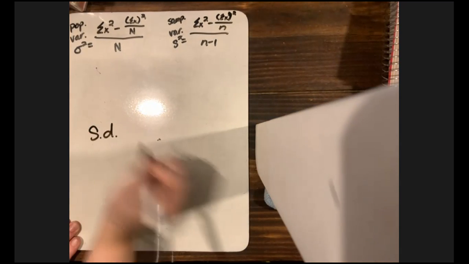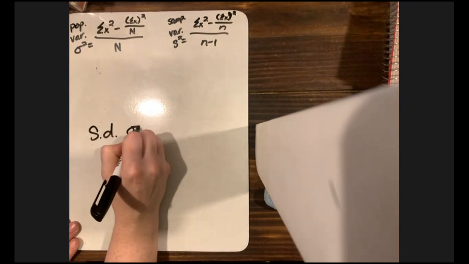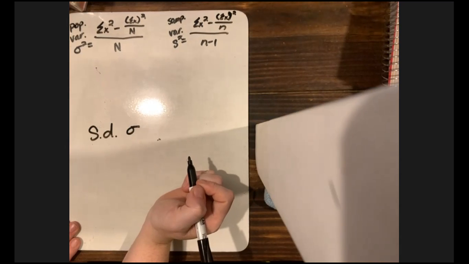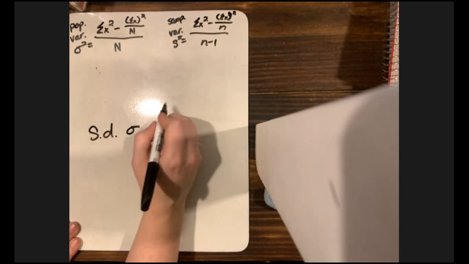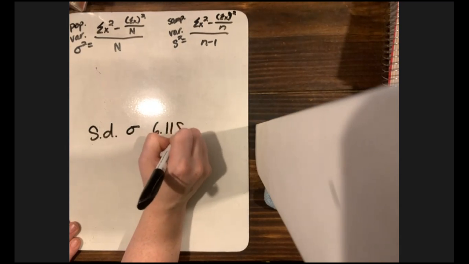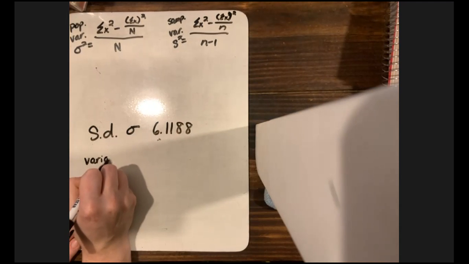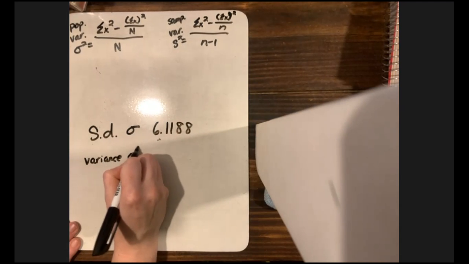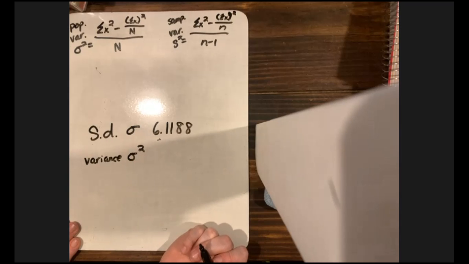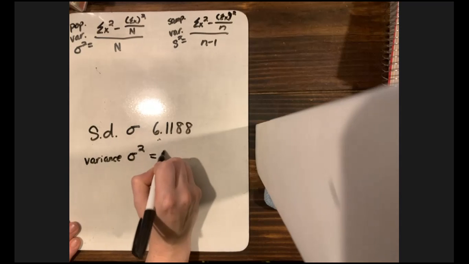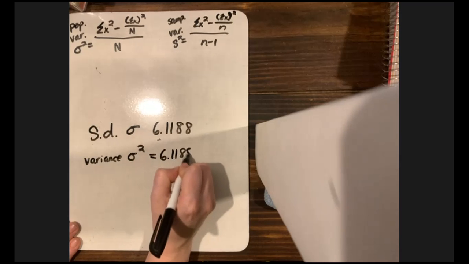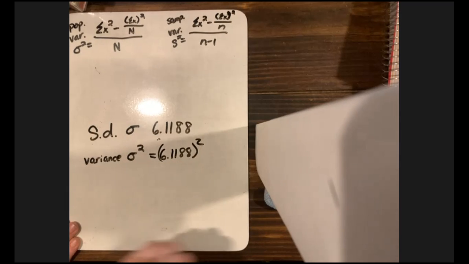So for number 2, the standard deviation, for this one, and we are using sigma because I said we're going to do population with this, is going to be that 6.1188 value, which means our variance, which notationally is sigma squared, is going to be that 6.1188 squared.